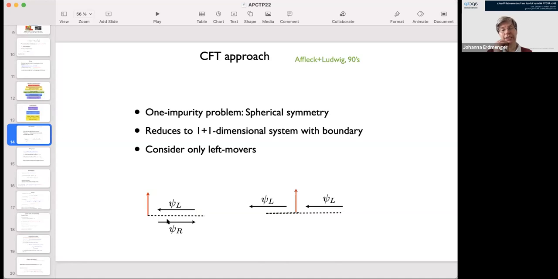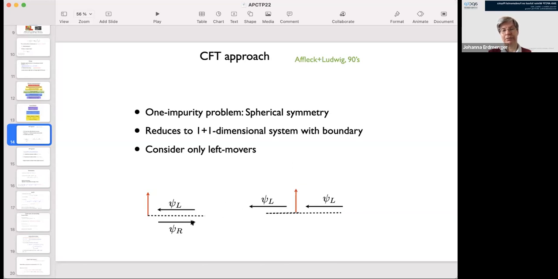And now there's a trick of using some analytical continuation, which is to continue the radial direction to negative values, and at the same time consider the right movers to just be left movers, which move in this negative radius direction on this side of the impurity.